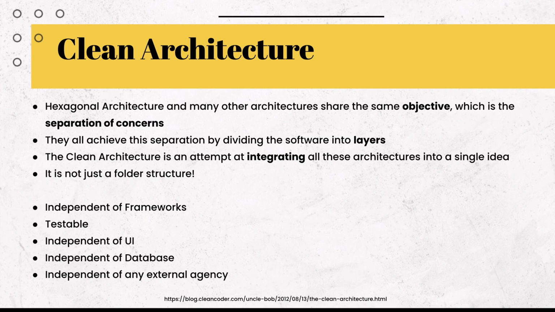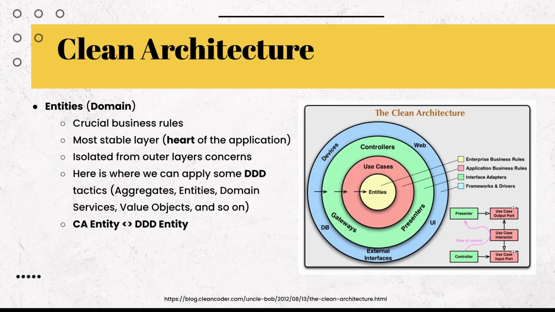And they all achieve this by dividing the software into layers. And the clean architecture defined for us 4 main layers, even though we can create more layers if we want to. But these are the 4 main layers that the clean architecture defined for us. And let's take a look at those layers.